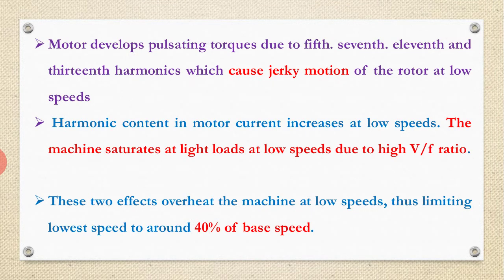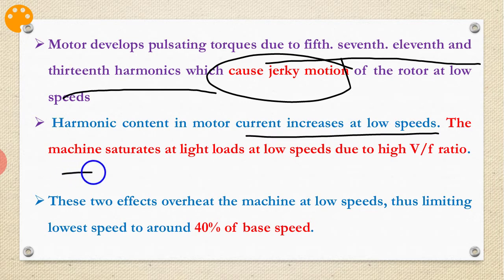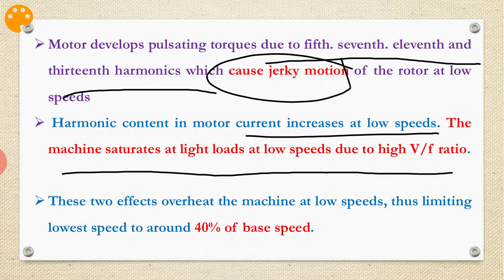And continuing with the drawbacks. It develops pulsating torque due to the 5th, 7th, 11th, 13th harmonics, which cause jerky motion of the motor at low speeds. The harmonic content in the motor current increases at low speed. The machine saturates at light loads at low speed due to high V by F ratio.